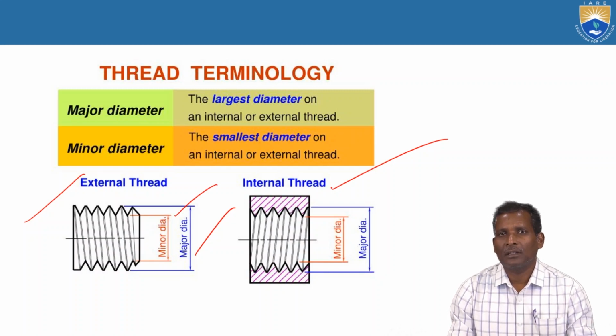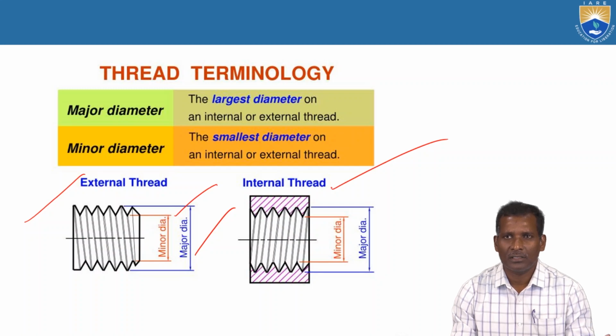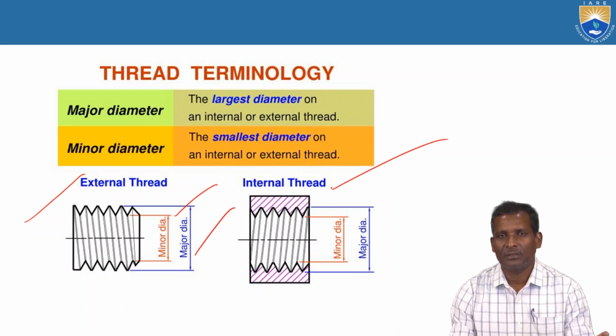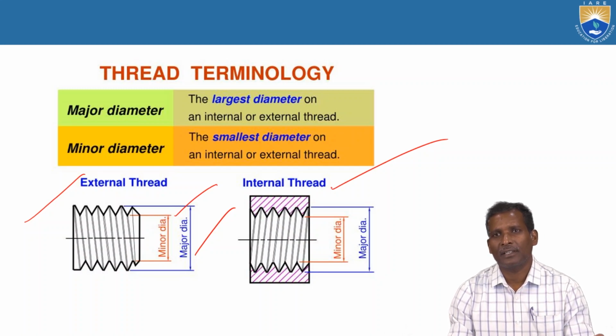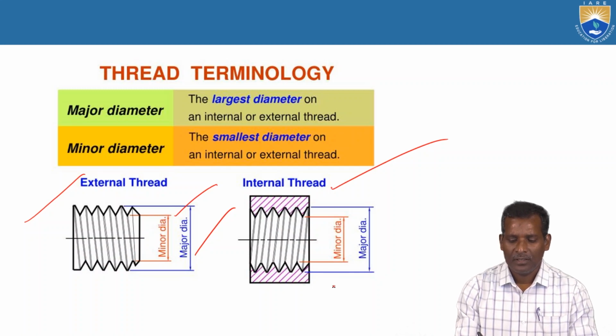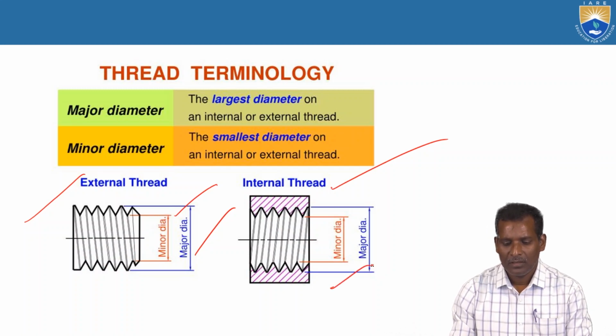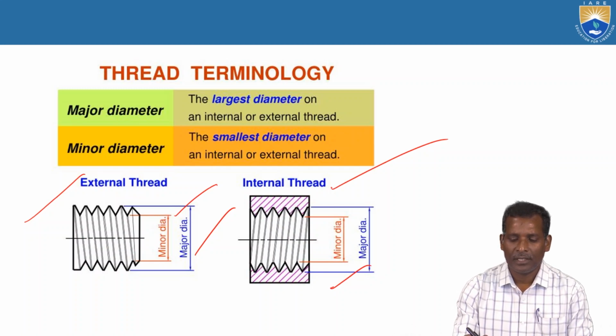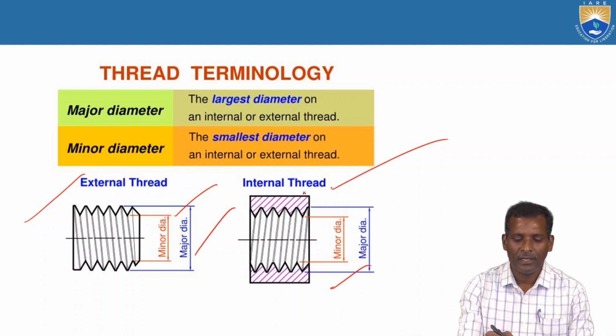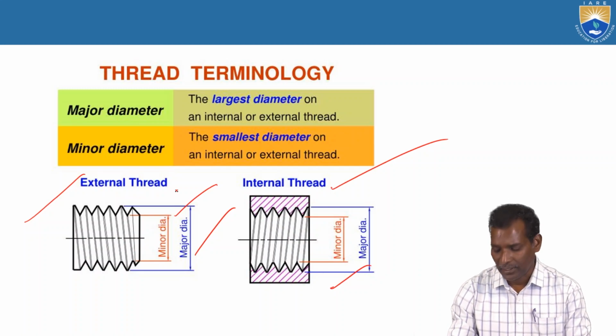So the major is the larger diameter on an internal or external thread. It may be external or internal, whatever type of thread, the largest diameter is called major. The minor is the smallest diameter on an internal or external thread. While measuring, we take the measurement internally in case of internal thread, and externally in case of external thread.